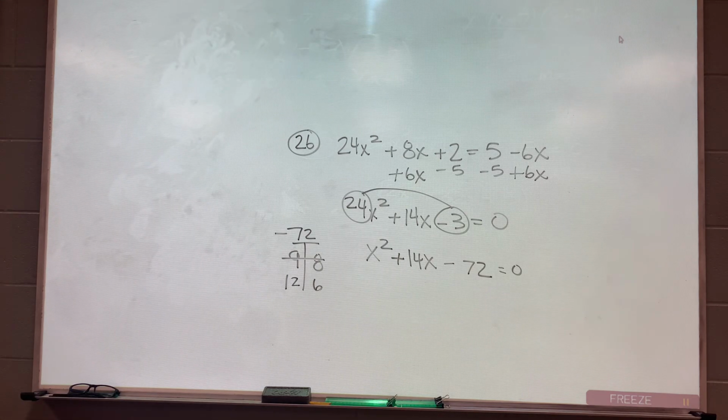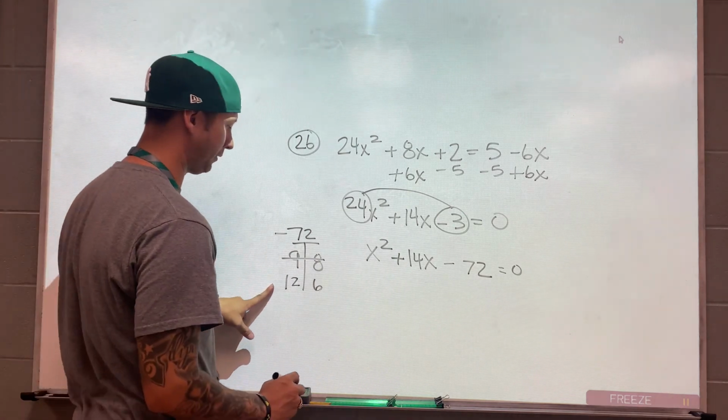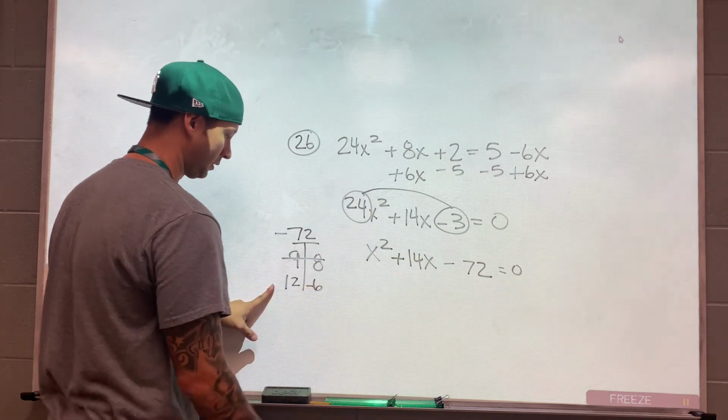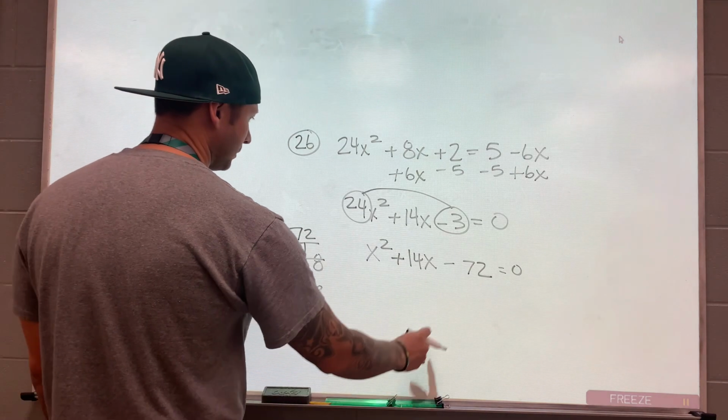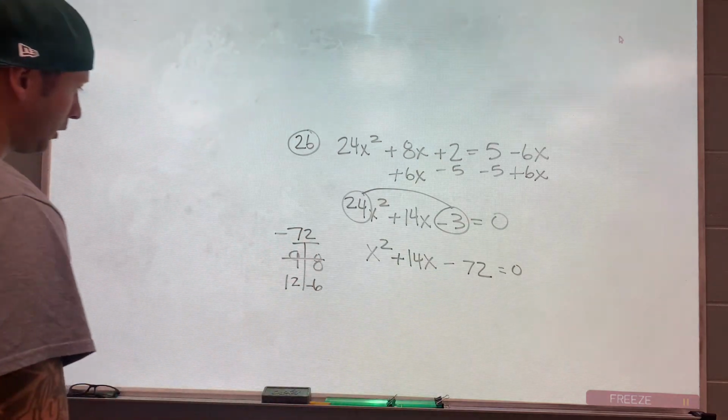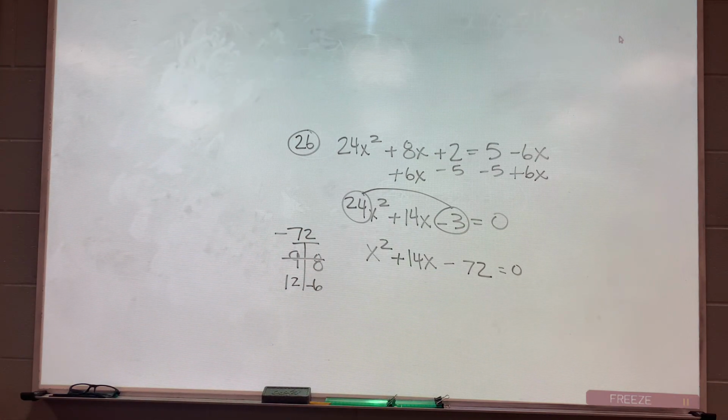It can because it's negative. So one of them has to be negative, the small one. What? That's not right. Not right at all. So negative 6. Negative 6 times 12 is definitely negative 72. But it doesn't add up.